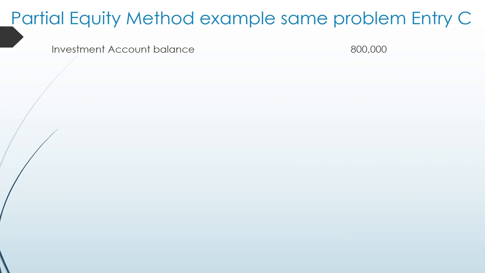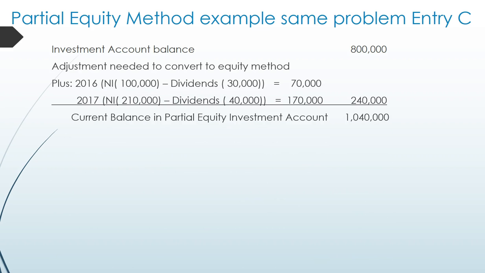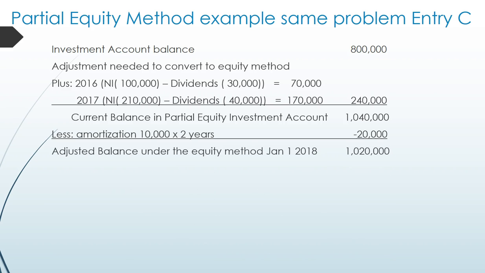So we start with the investment account original balance. We know that it would have been adjusted for net income minus dividends. So the current balance using the partial equity method in the investment account would be $1,040,000. Now what we have to do is adjust for that amortization.